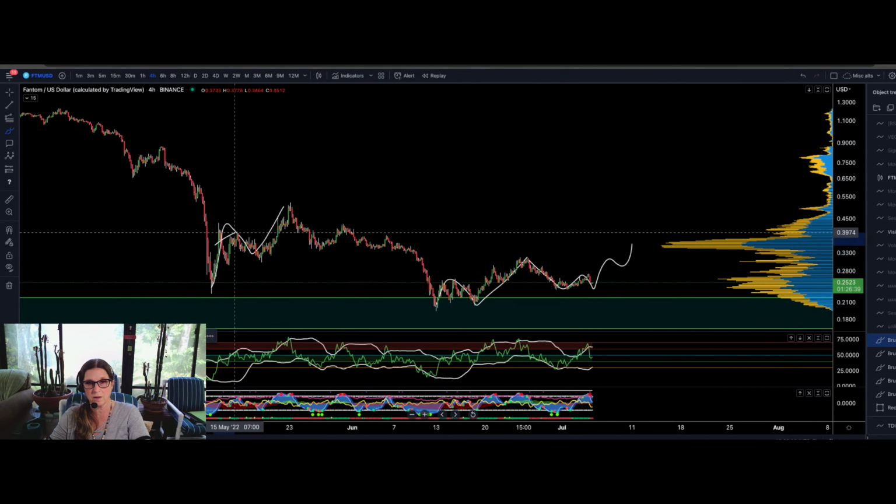Unfortunately, this looks like a zigzag. I don't have all the data, or maybe I do. Maybe this is when it started, but this really looks like it came up in a 3-wave move.